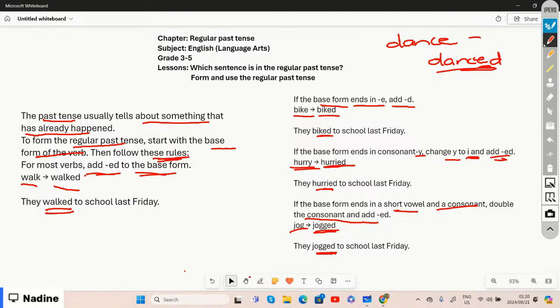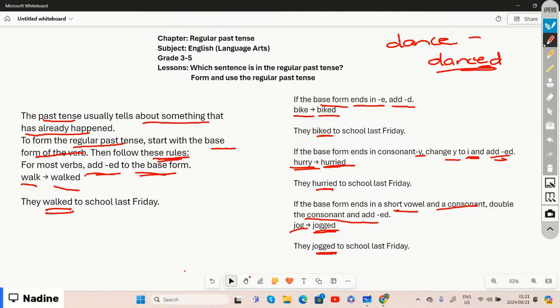So these are our regular past tense, and we said our regular past tense usually tells us about something that has already happened. To form our regular past tense, we need to start with the base form of the verb, and then we follow the rule, which is that we add an ed to most of our regular past tense verbs.